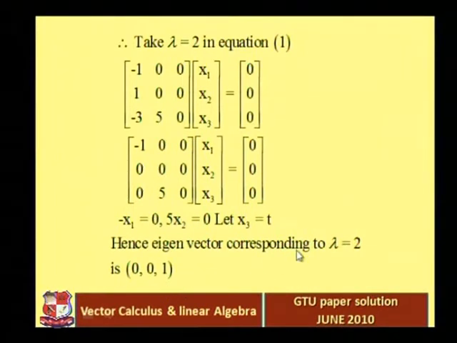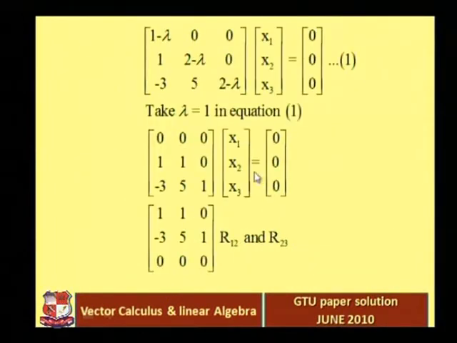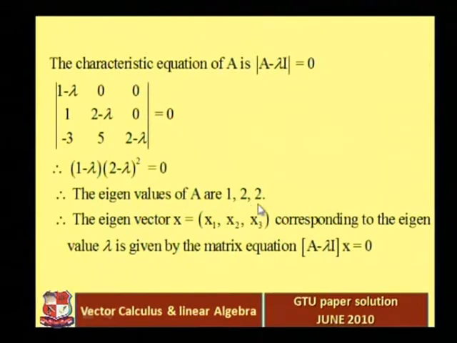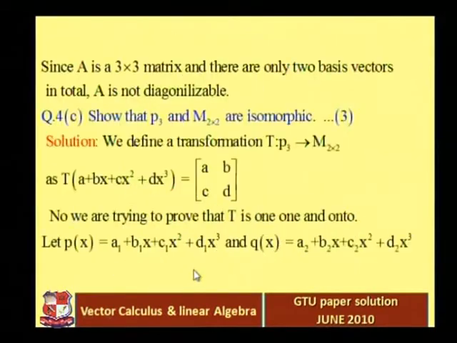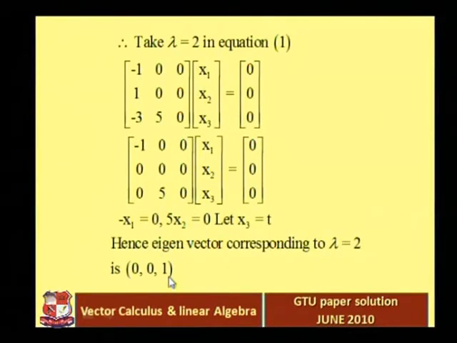Now see, the eigenvalue 2 occurs 2 times, so the algebraic multiplicity of 2 is 2, but corresponding to lambda equal to 2 you get only one eigenvector.